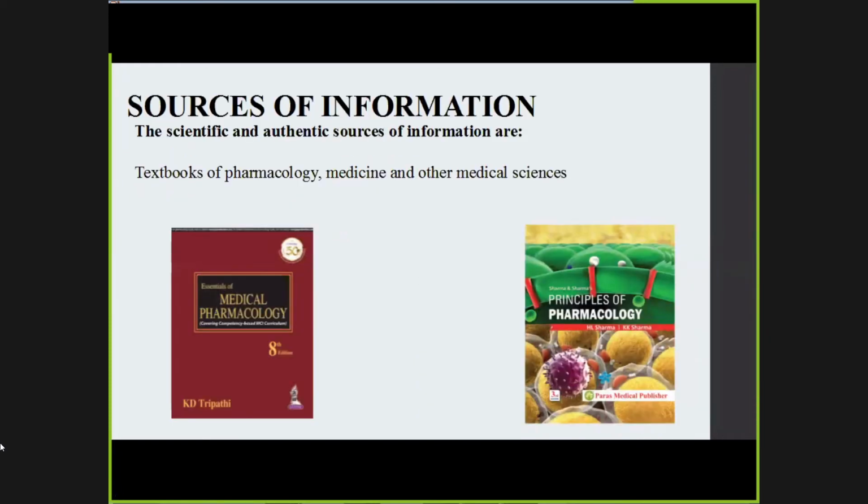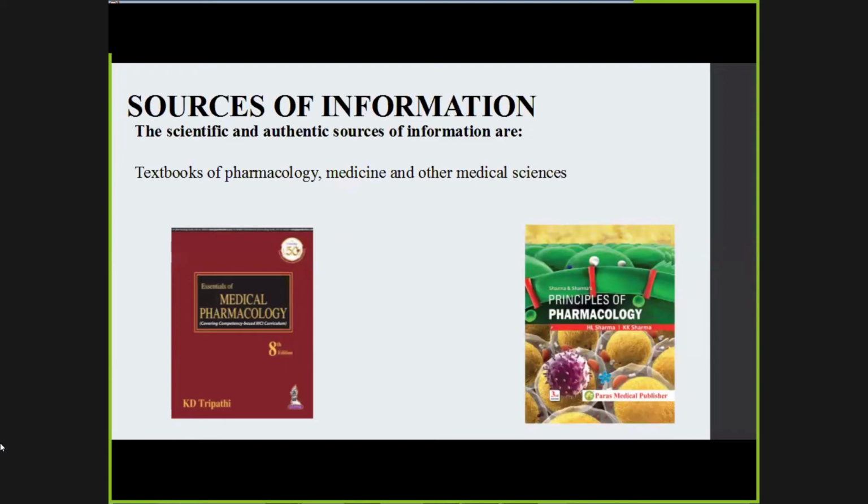You will obtain information of various drugs from different sources. For example, nowadays you can Google any word and Google will give you more information related to any topic. But before having trust in such information, you should confirm that this information is scientific and authentic.